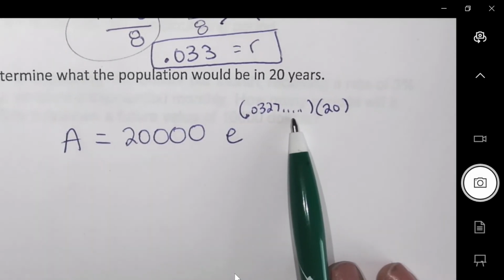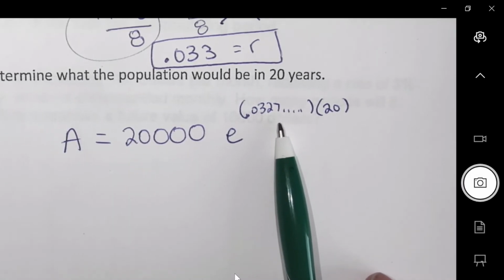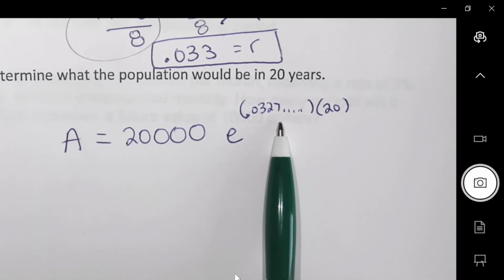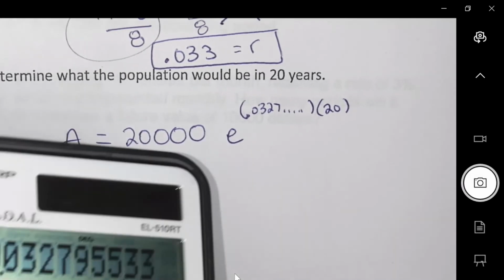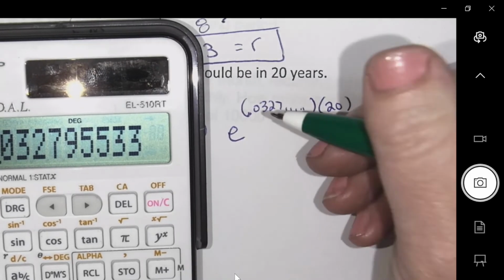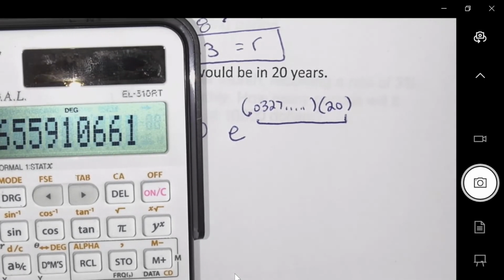I wrote it like this because I'm trying to show you that I'm using the number that's in my calculator. That's me saying I'm not just using 0.033, I'm using this whole number. Okay, do we remember how to type this? I'm going to multiply it by 20, so it's in there, times 20 equals.